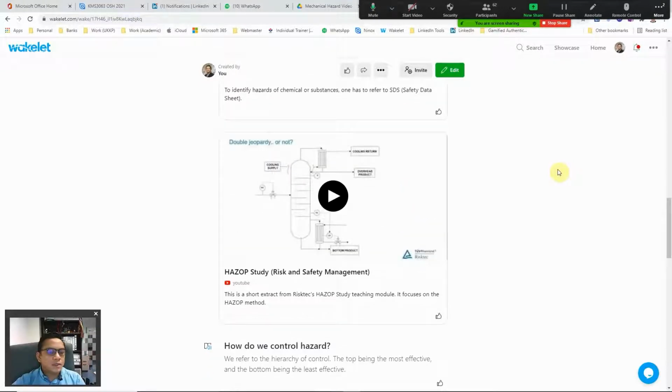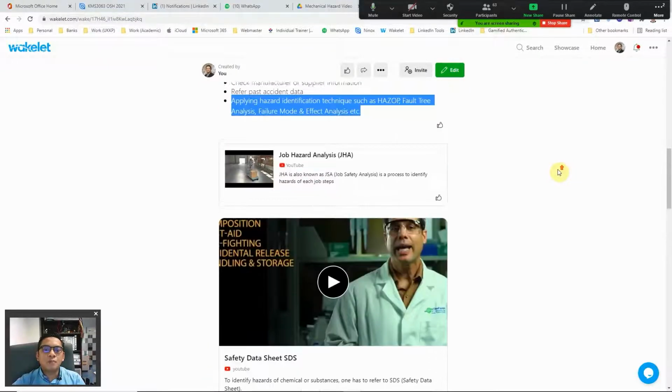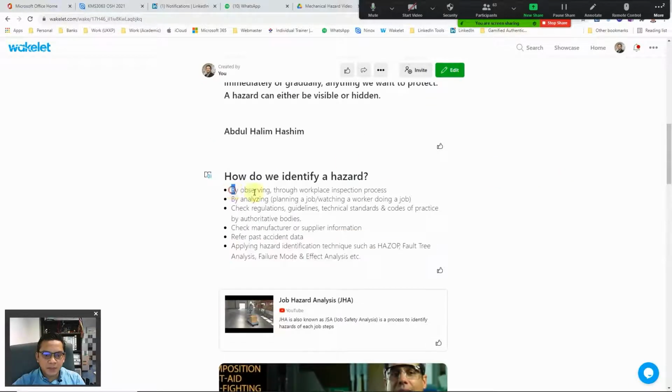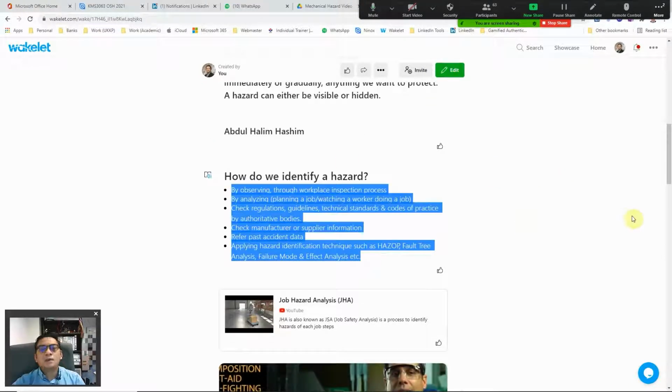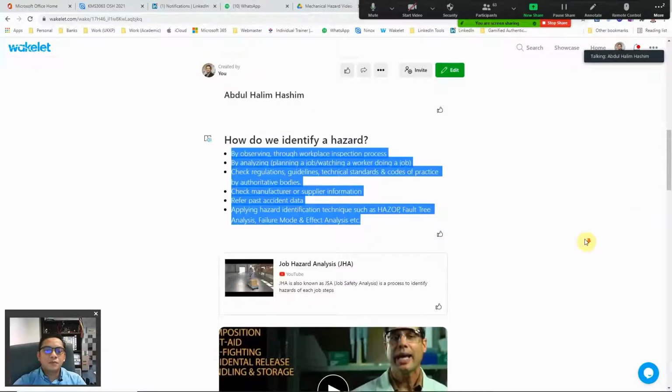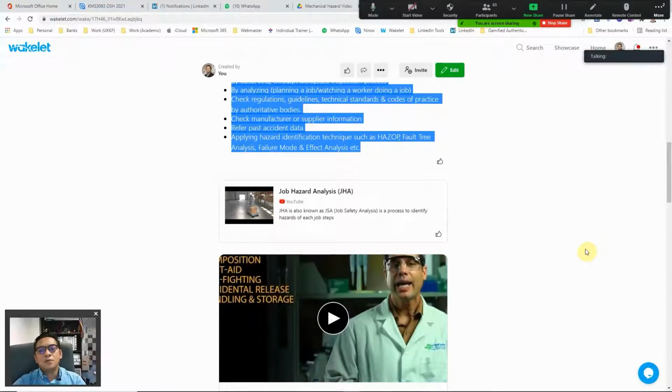So in your quest tree, you should apply all of these methods. It can be a single method, it can be a combination of methods. That is up to you, what is appropriate, so that you can identify the most significant hazard that relates to your character.